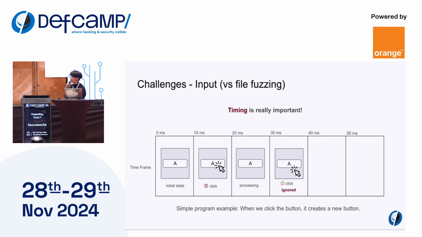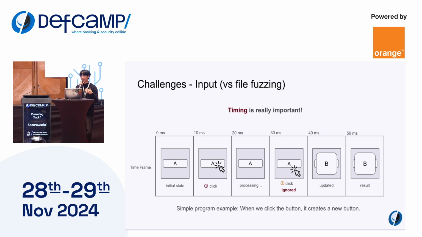So at 30 milliseconds, we send a mouse click at the same time in the same spot as in the first run, but our mouse click will be ignored because there's no button B now. Then at 40 milliseconds, the processing of the first mouse click is complete, creating button B. So the outcome is different compared with the first run, even though we sent the same mouse click at the same times as in the first run.